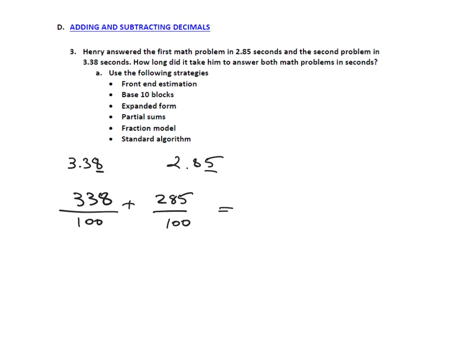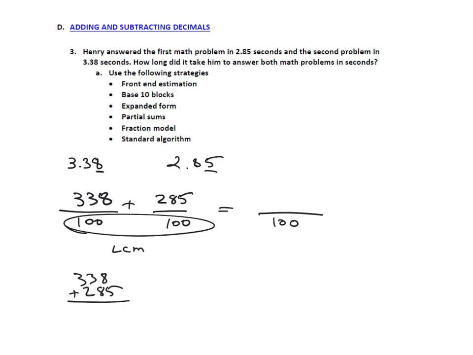Now, to finish that, you're still dealing with hundredths because of the least common multiple of 100. So now we have common denominators, so now we can add. So we can add the 338, 285, however we would like to do that. And so we would have no decimal point at that.